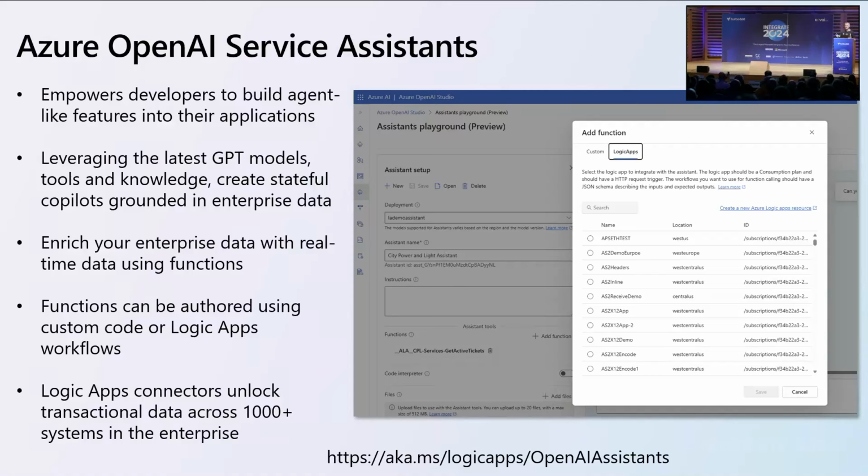Those functions can be sort of 2 things at this point. Custom code, where you can write some code to achieve something. And then there's also Logic Apps. In this case, we provide an experience, you can see there on the screen, where you can click Logic Apps. It'll enumerate the consumption-based logic apps that you do have access to.